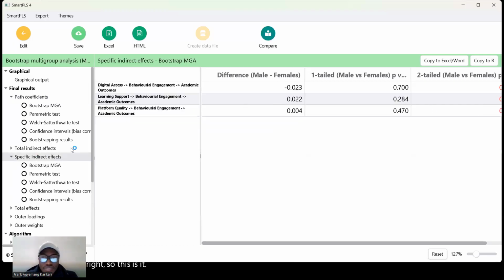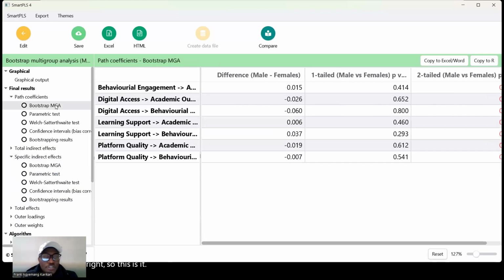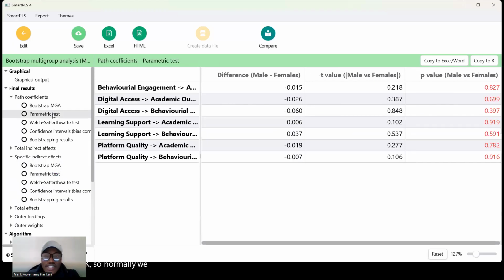Okay, so normally we have these two groups. We have the parametric test and the non-parametric test. That is the Welch, whatever, substitute or whatever. It's somebody's name. And normally the parametric is used when we assume that there is no variance.